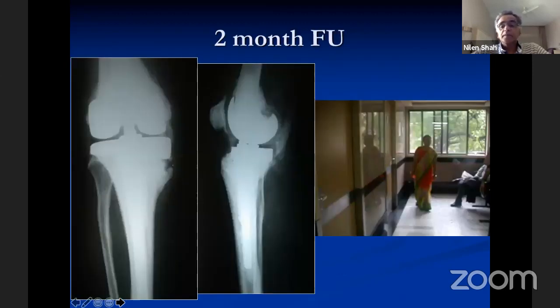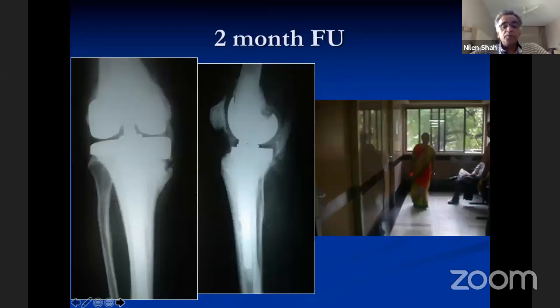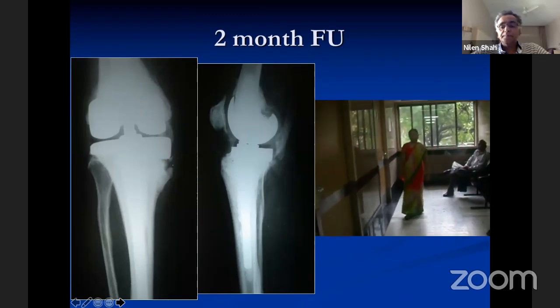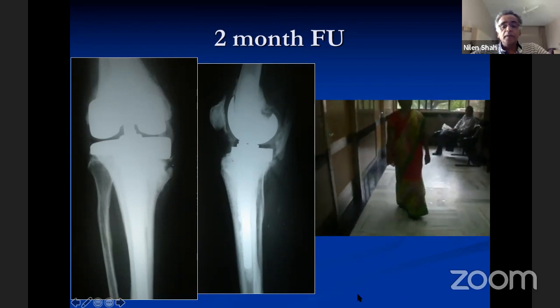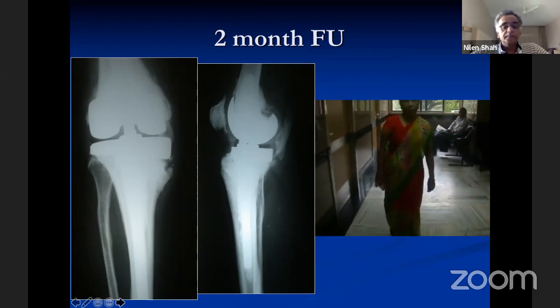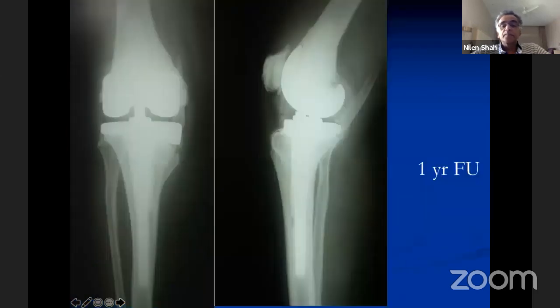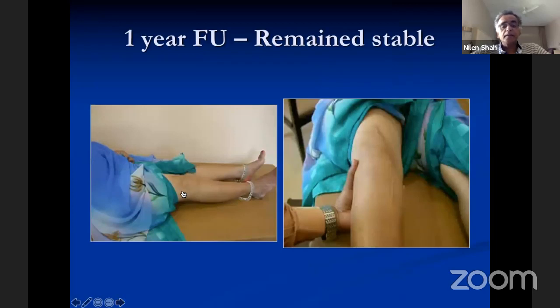Now, this is a 2-month follow-up. This is the corridor of Bombay Hospital. This is a year follow-up. And I saw this lady recently.